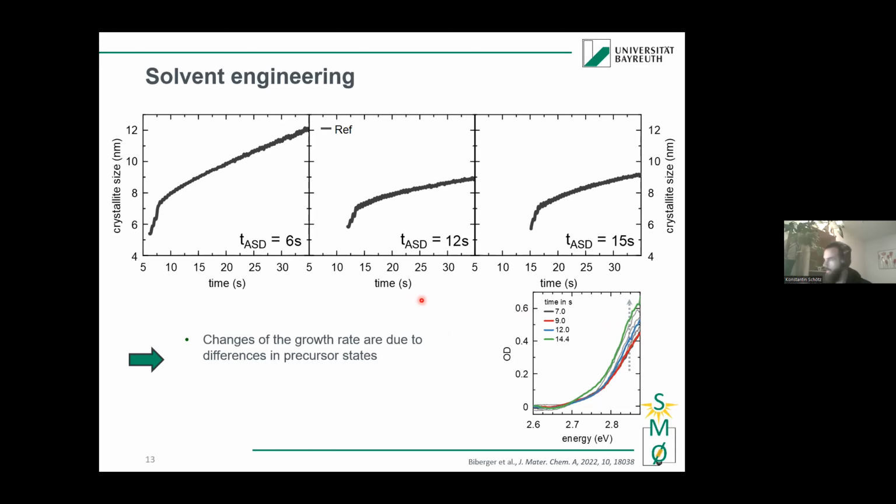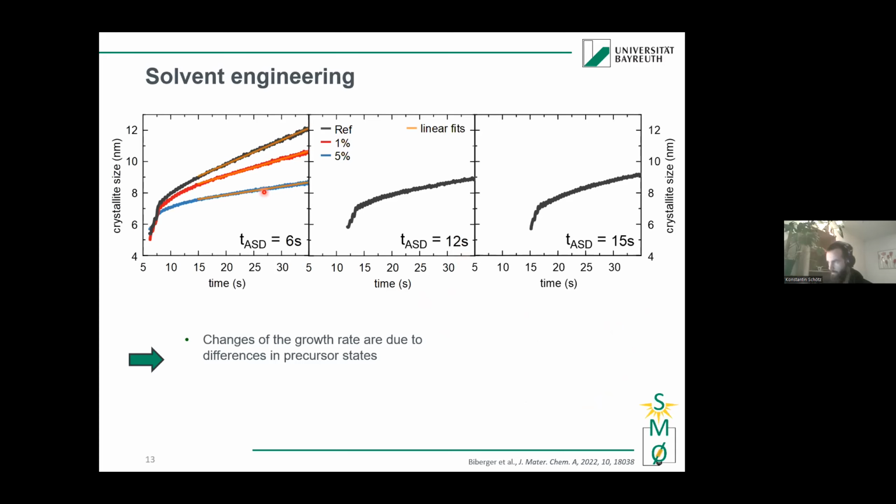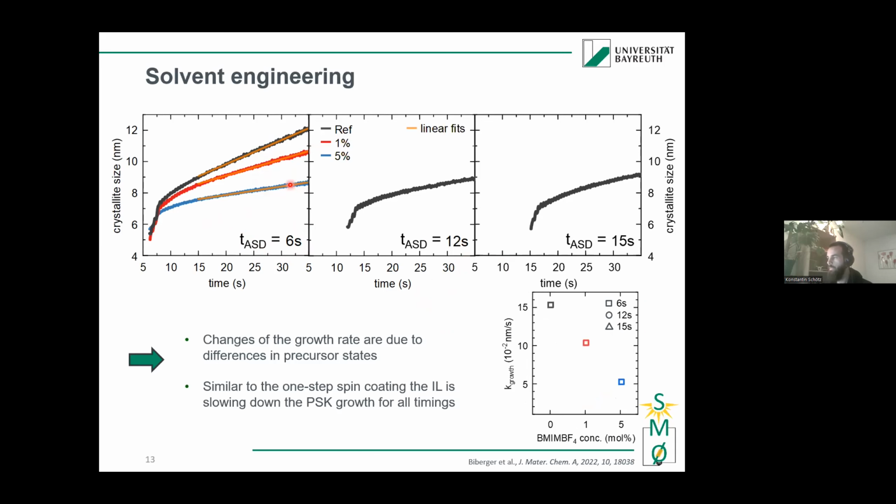Now let's look at the effect of the ionic liquid, which we initially were interested in. For the case of the anti-solvent dripping of 6 seconds, we see again that the growth rate is reduced with more content of ionic liquid, with here the red one the 1%, the one the 5%. And this is also true for the other dripping times.